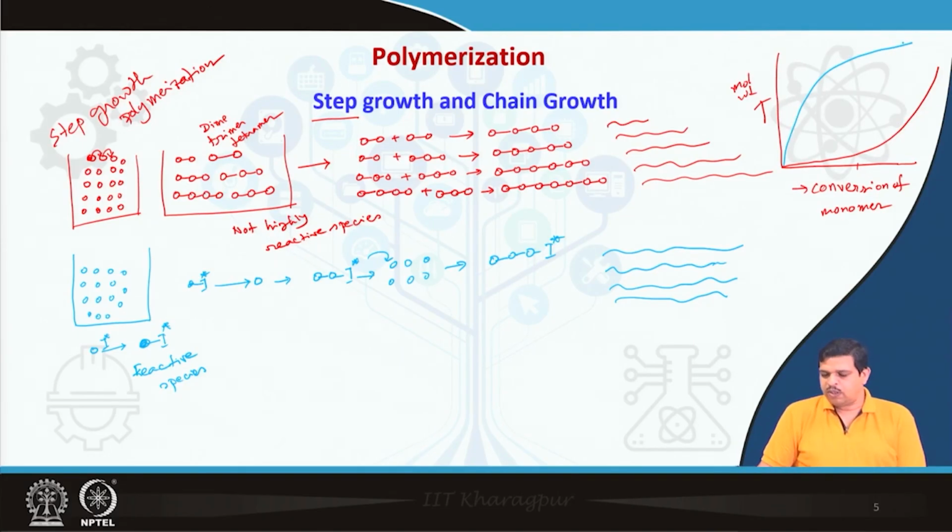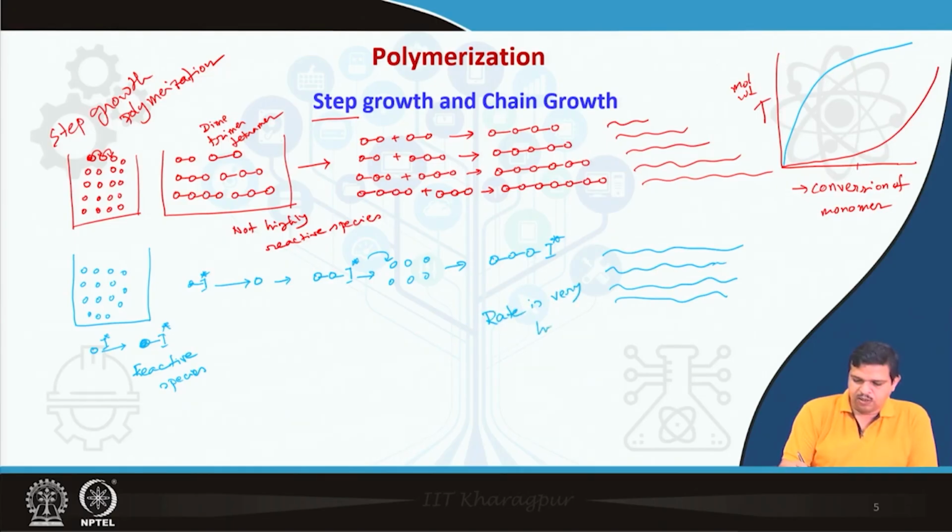Okay. That means even at low conversion of the monomer, let us say at a premature polymerization condition, you will get a quite high molecular weight polymer, because the polymerization rate is very high.